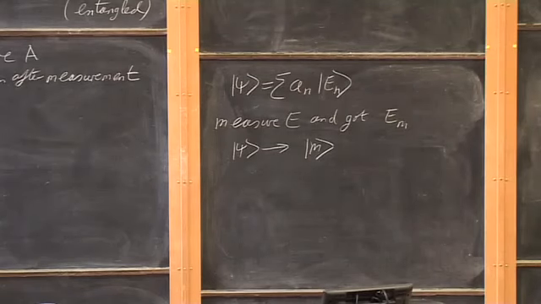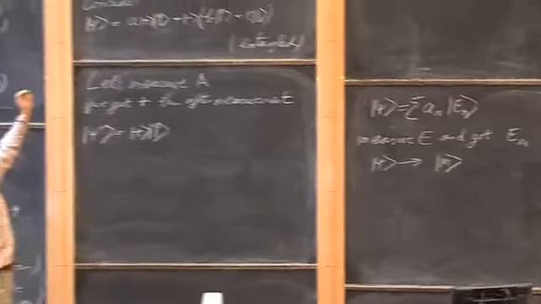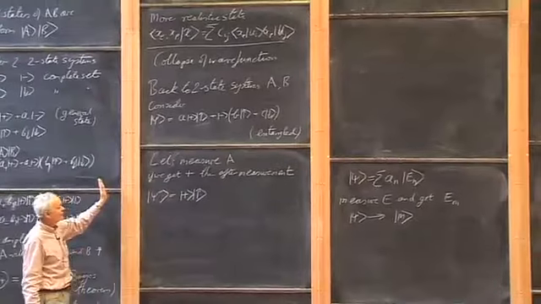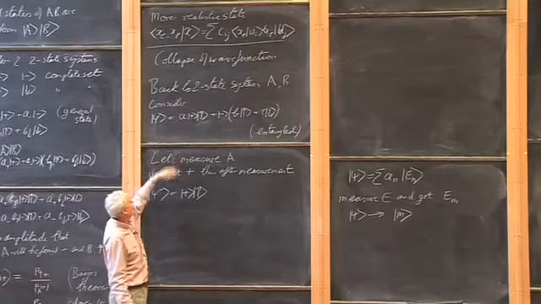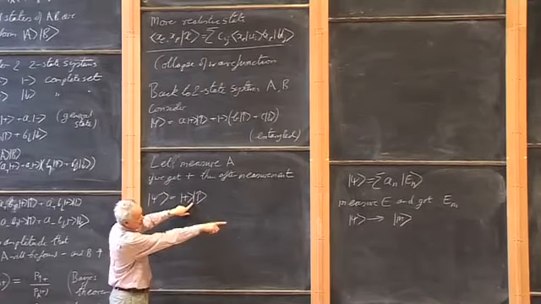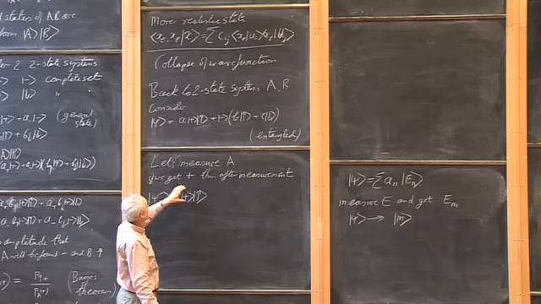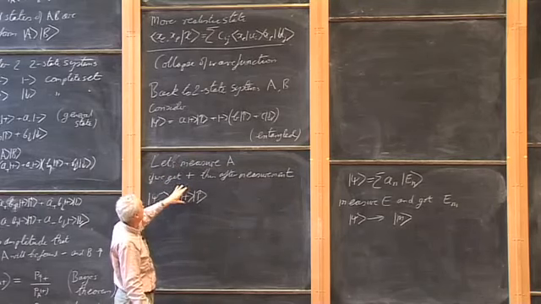So I'm stating that in this more complicated scenario, where we have a composite system, we measure only one of the subsystems, we get a certain answer, it goes to that state, which is consistent with what we had over there, because we found the answer plus, so we threw away everything times minus.